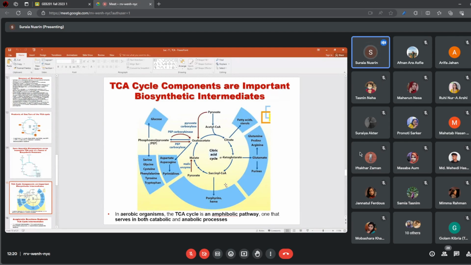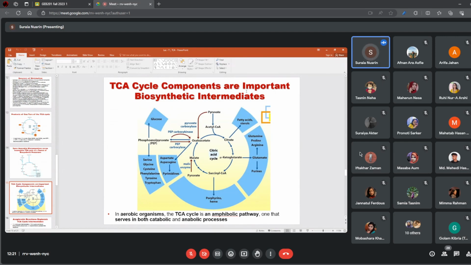So in this case, the cell is utilizing the TCA cycle not only to produce energy, because the main function is to produce the reducing power NADH and FADH2 as well as ATP or GTP. That is the main function. But here we see the TCA cycle is also providing precursors, because the intermediates function as precursors to synthesize other important biomolecules.